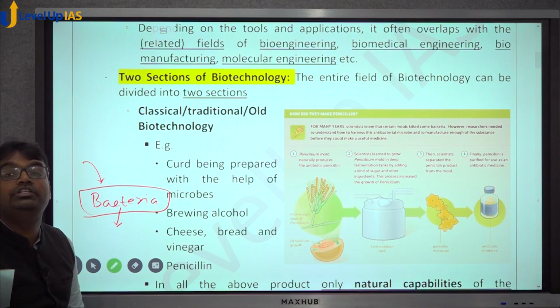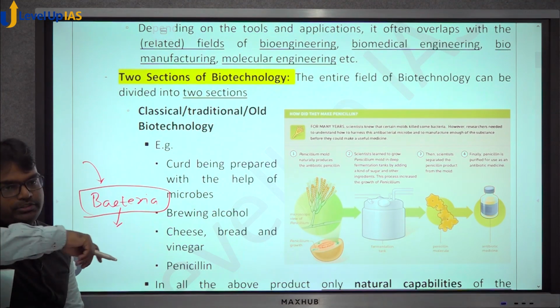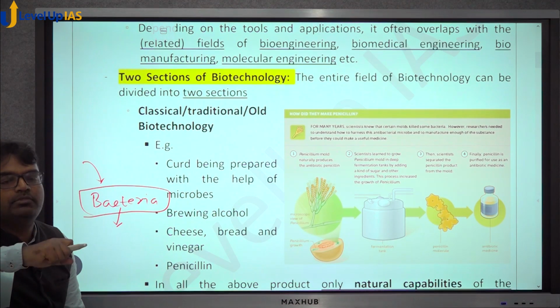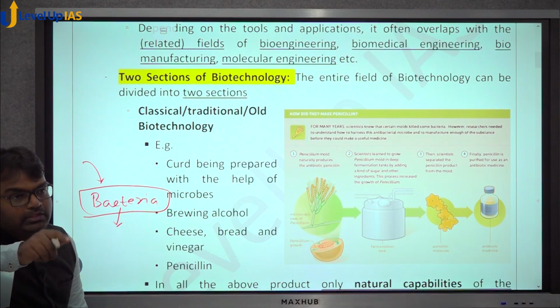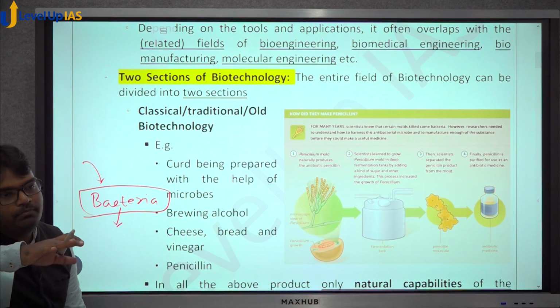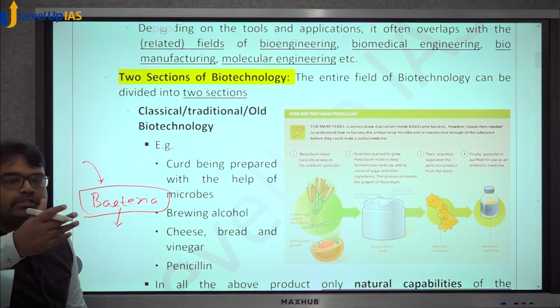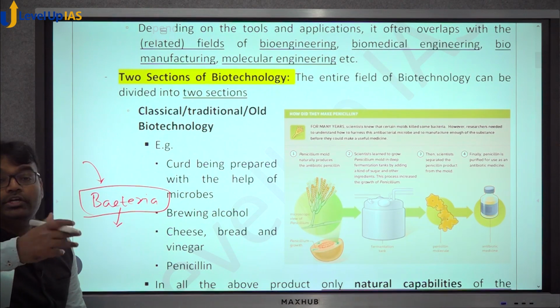If we had done some gene modification, then it would have been an example of modern biotechnology. Are you able to understand what I'm trying to say here? Use any process, use any organism. If you are not modifying the living organism, you are just using them, it is classical biotechnology. Curd making is an example of classical biotechnology.